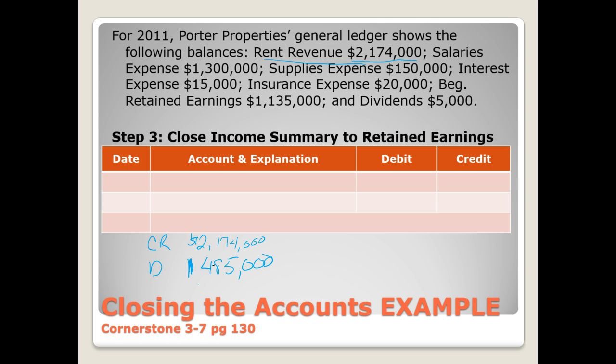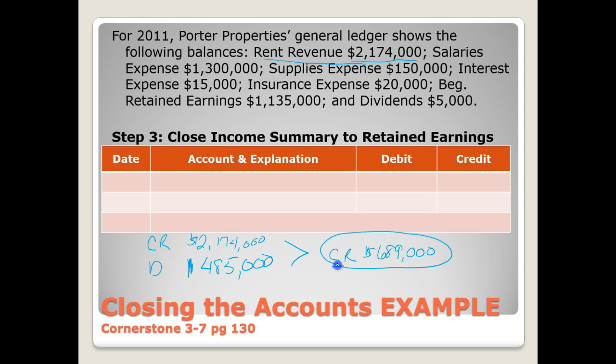There we go. That means there was a higher credit amount. If I subtract the debit from the credit, I come up with a credit balance of $689,000 in the income summary account.